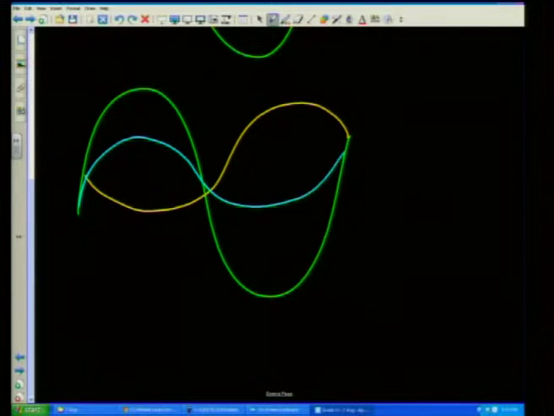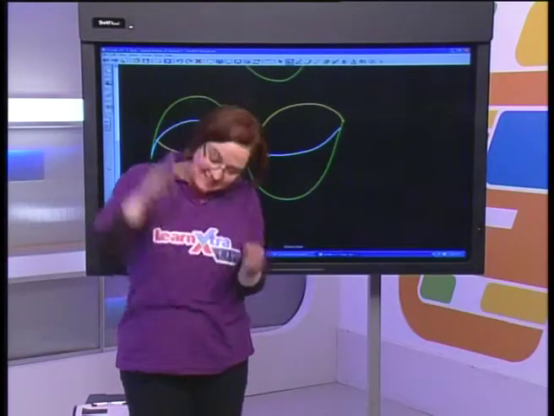So the blue would be your resultant wave. It doesn't cancel it out completely. You would get an amplitude that is pretty much the difference between the two. So it's very, very rare for waves to meet exactly in phase with exactly the same amplitude.